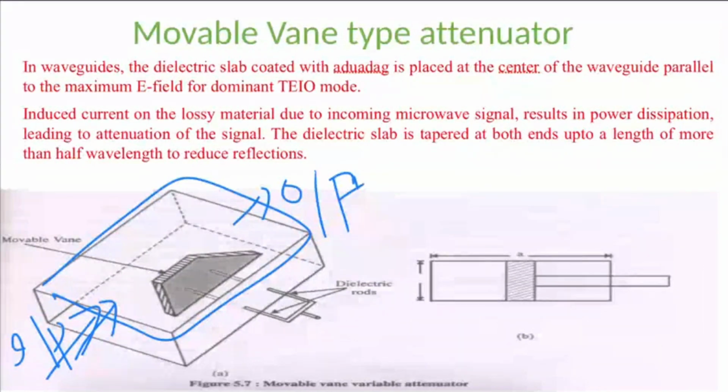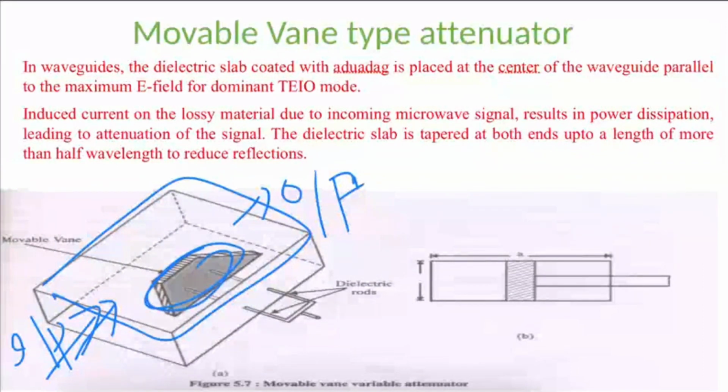The movable vane type attenuator is a rectangular waveguide structure which has two ports, that is input port and output port. And there is a lossy dielectric material, or lossy material, which is placed in the path of the propagation. So this is the lossy dielectric material which is movable.